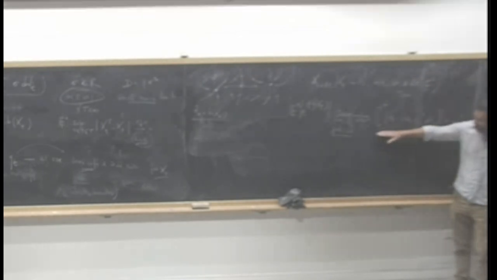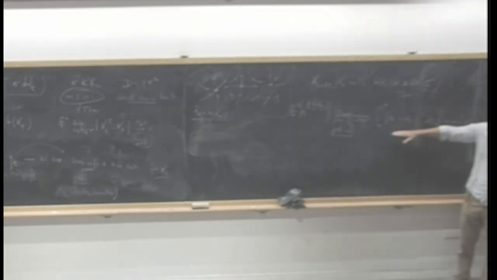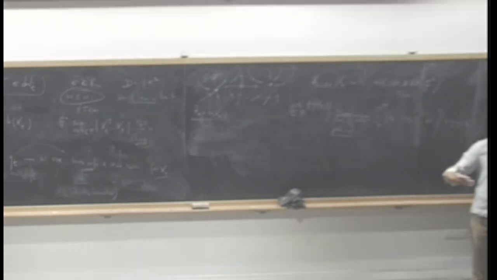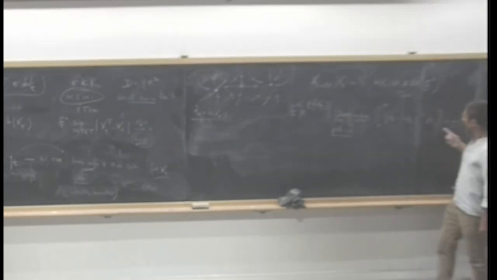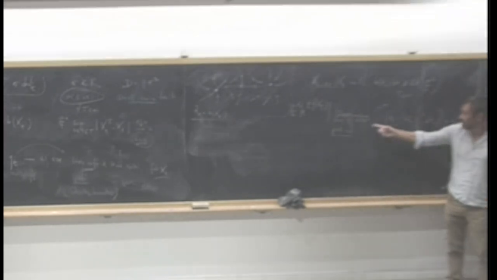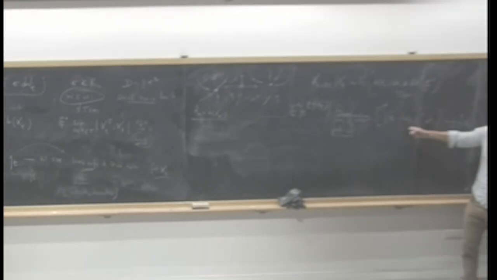You know that one way to evaluate integrals where you have this small parameter is the Laplace method. What is the Laplace method? This is no longer a process. This is like a dummy integration variable.